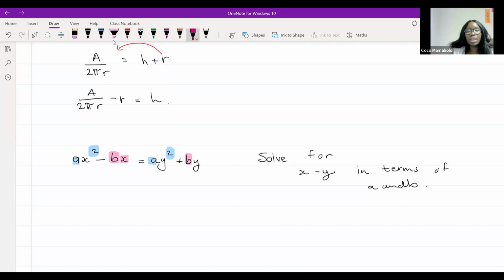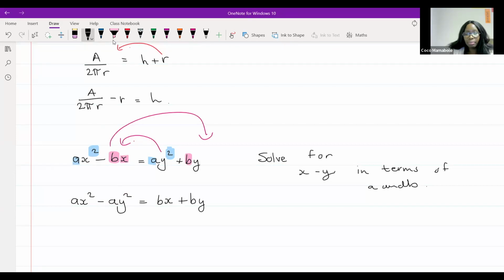So I'm going to take ay squared over to the other side, and negative bx over to the other side. So I'm going to end up with ax squared minus ay squared is equal to bx plus by.